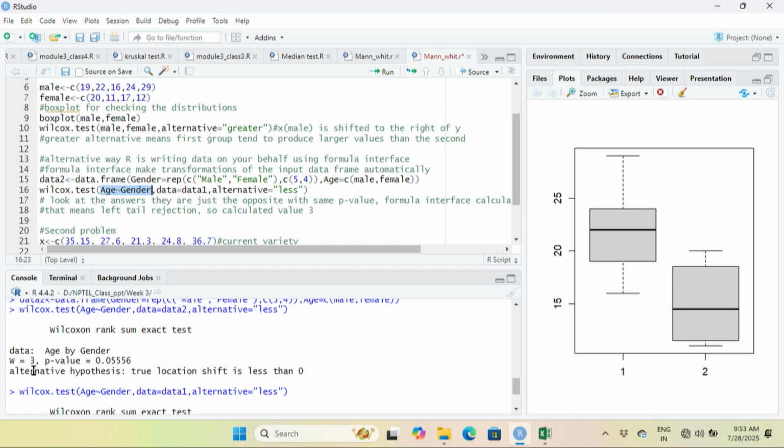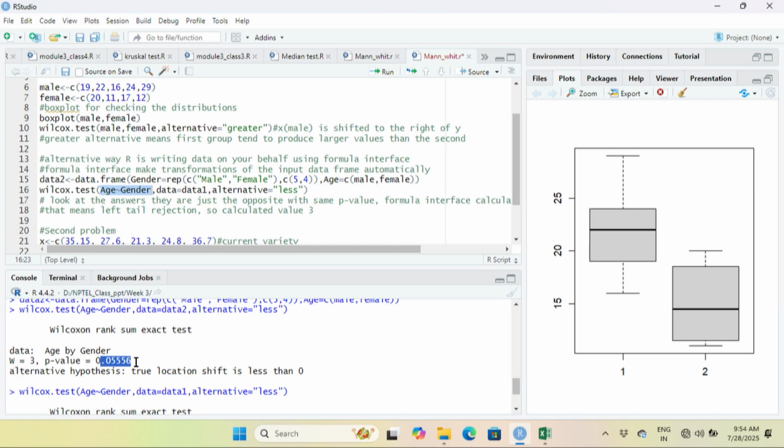So W and W prime, or U and U prime, are just conjugate to each other. If the total rank sum or total pairing is 20, then 3 plus 17 must match the 20, and that's exactly what happens here. We are completely concerned about the p-value because that will guide us towards the rejection or acceptance of the null hypothesis.